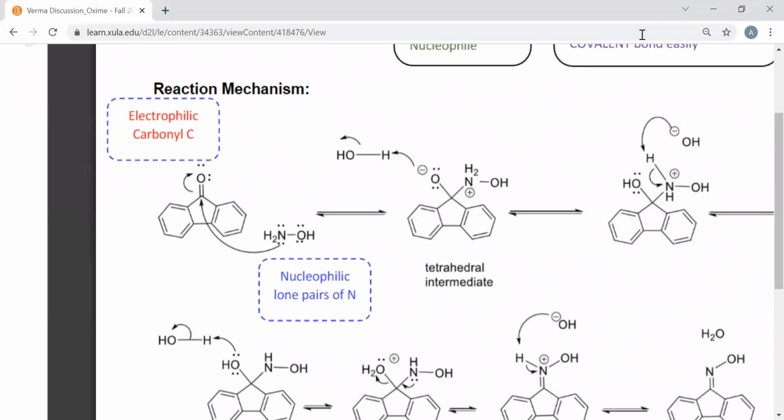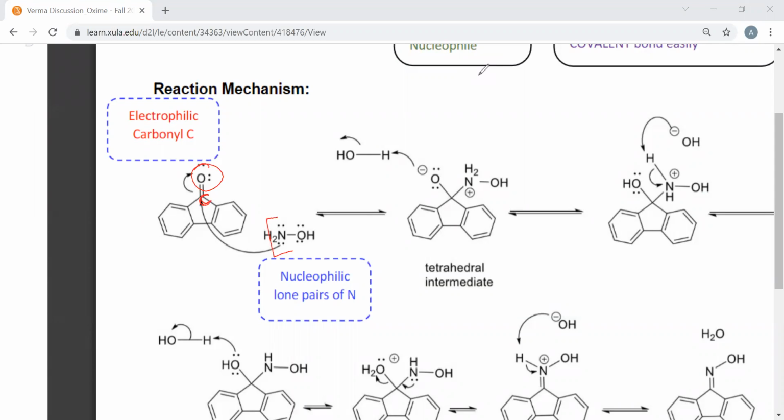And hence, this reaction can occur without the oxygen getting any extra help. So this carbon will be very electrophilic already.